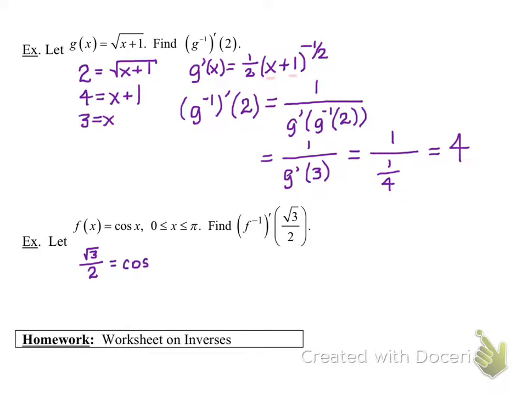And we're looking specifically on the interval from 0 to pi. On the interval from 0 to pi, cosine is the square root of 3 over 2, where x equals pi over 6.